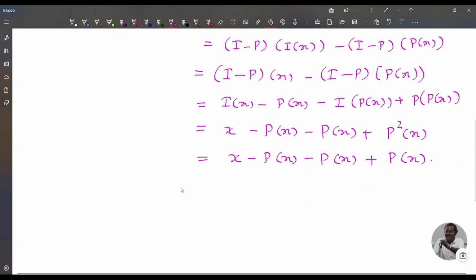So this is equal to X minus P of X. So this is equal to I of X minus P of X. So this is I minus P of X.